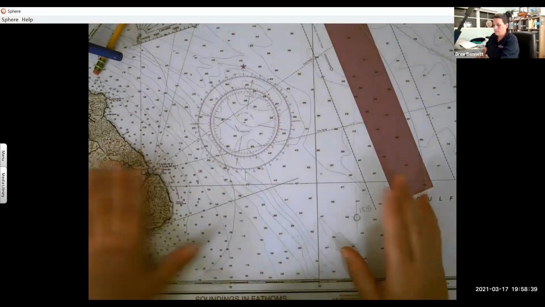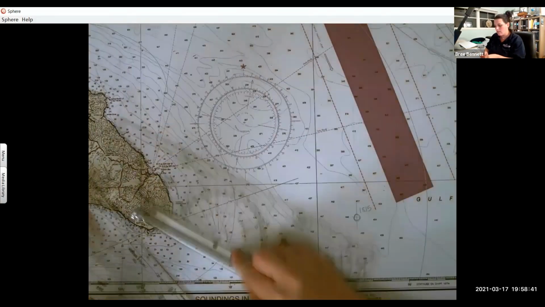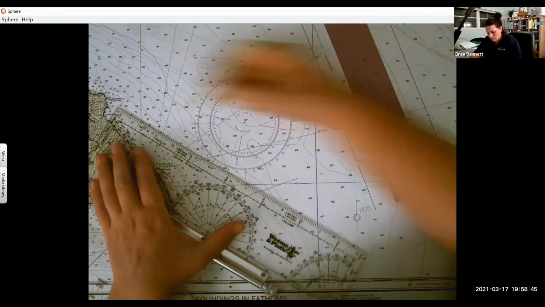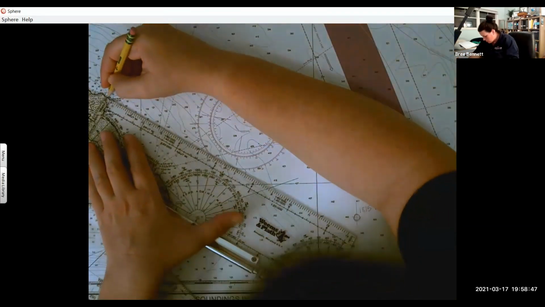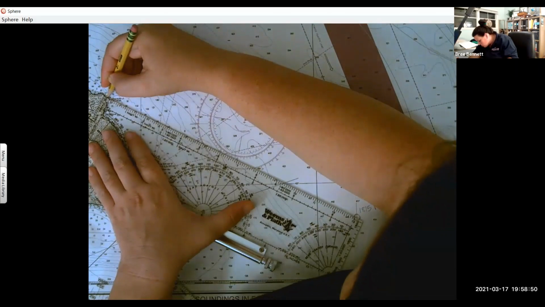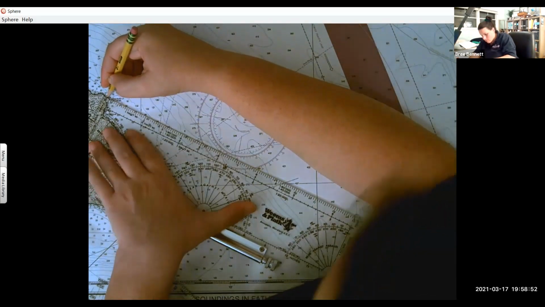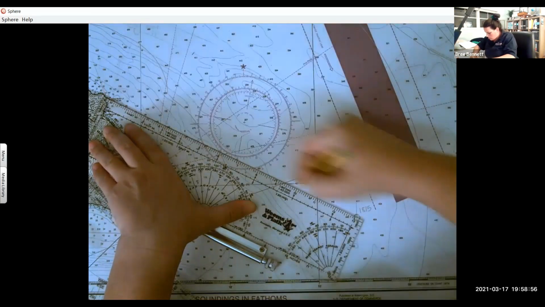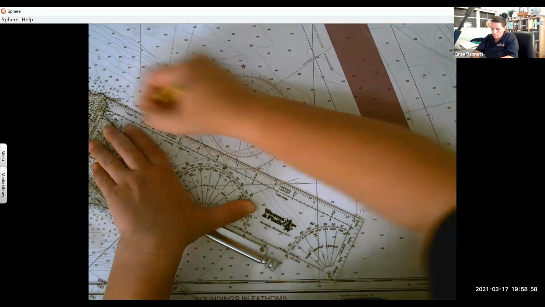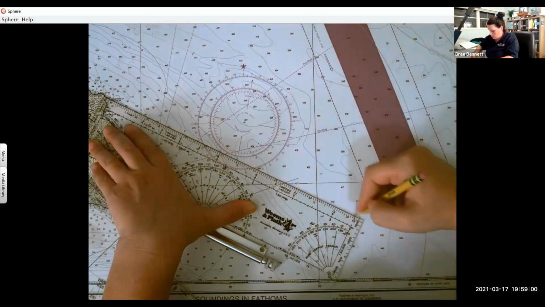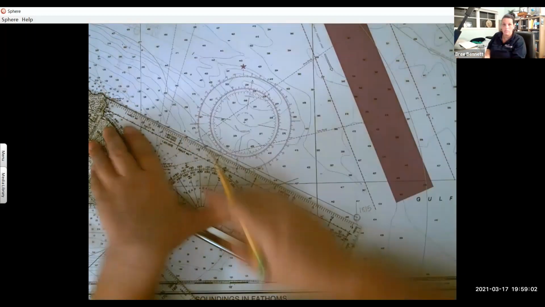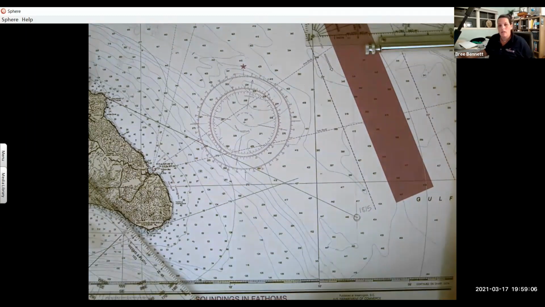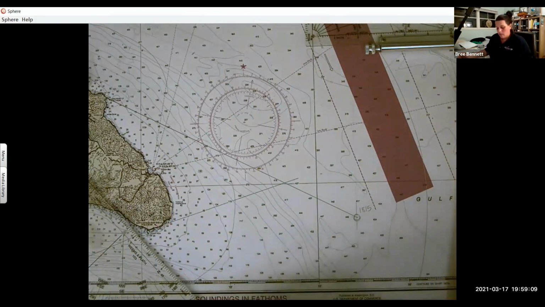I need a longer line. So I plotted a course.